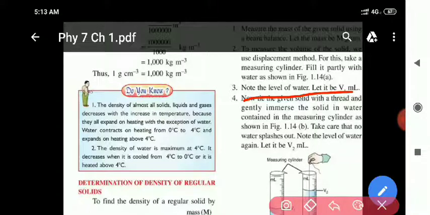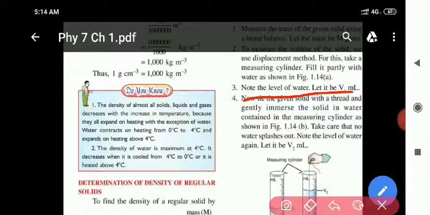How to know that by the displacement method? By taking the measuring cylinder, fill it up to the volume V1. Now immerse the stone or the irregular object tied with thread in it. Then some water gets displaced by the stone and it moves to level V2.